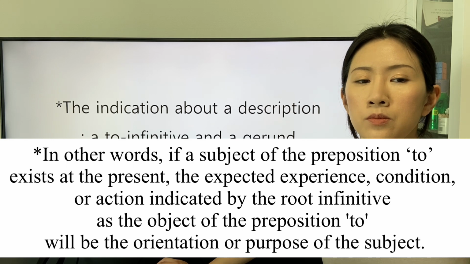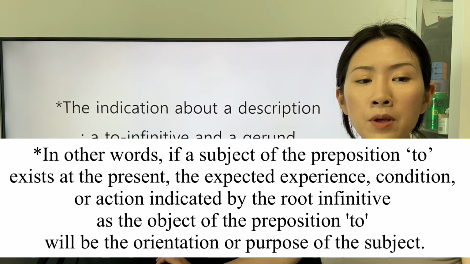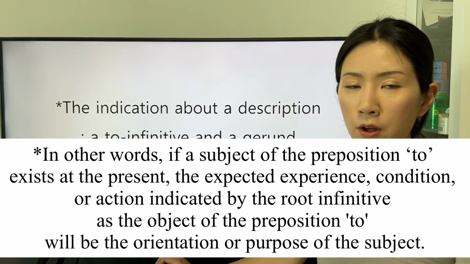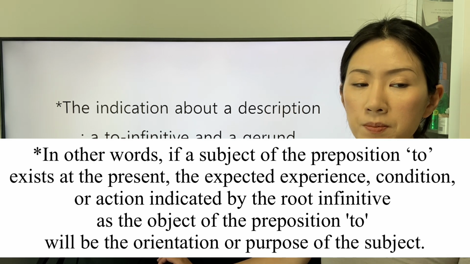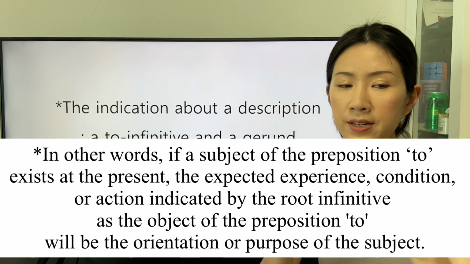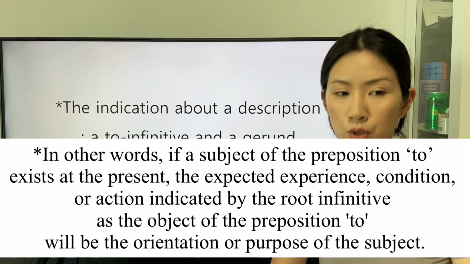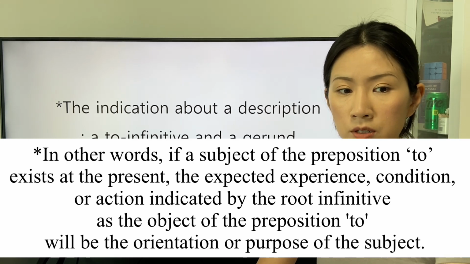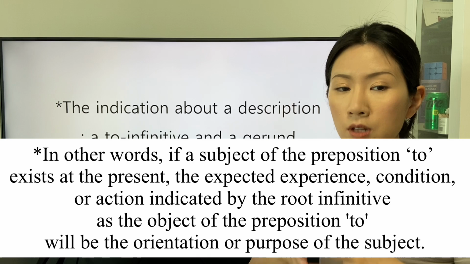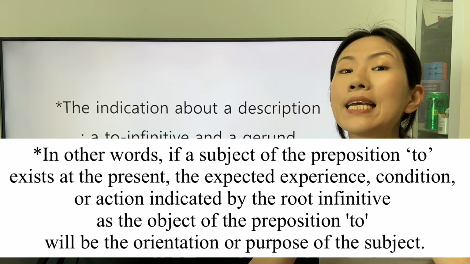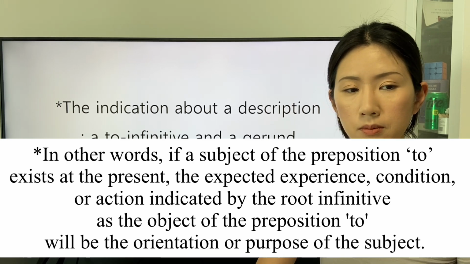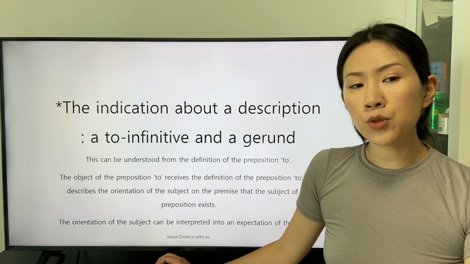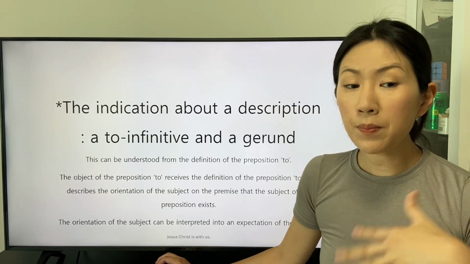In other words, if a subject of the preposition to exists at the present, the expected experience, condition, or action indicated by the root infinitive as the object of the preposition to will be the orientation or purpose of the subject. This can be understood from the definition of the preposition to.